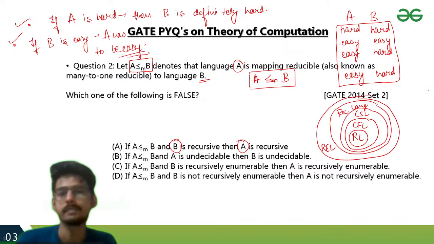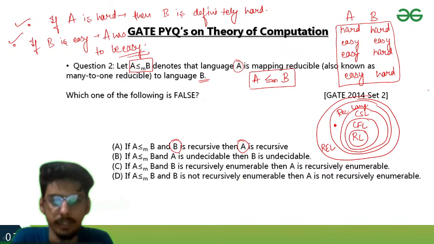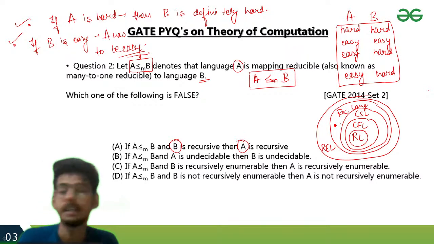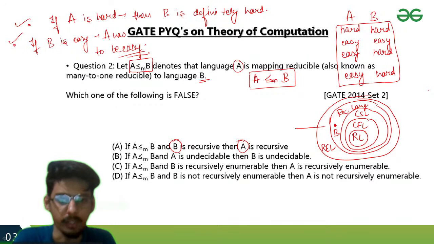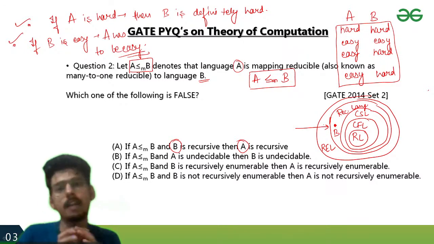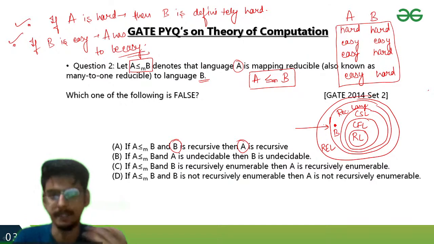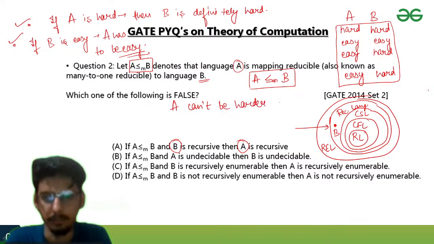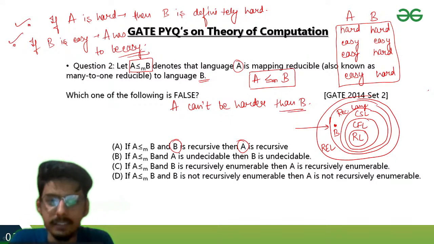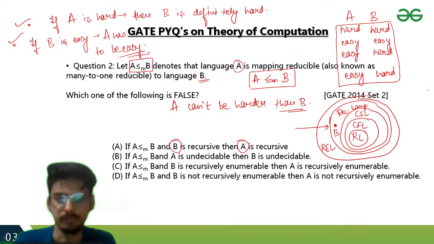If B is recursive, which means B is present over here, then A cannot be harder than B. If I have B over here, then A has to be present inside this boundary only. Why? Because A can be as hard as B, but it cannot be harder than B. So if B is recursive, then A will definitely be recursive, because A cannot be recursively enumerable.